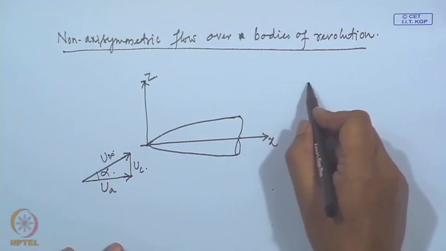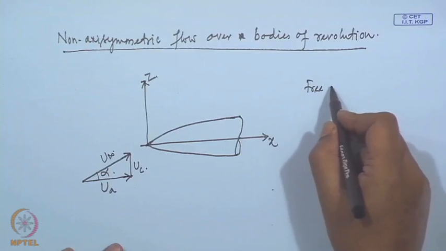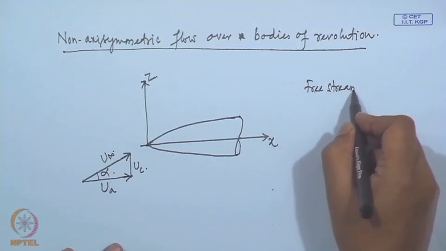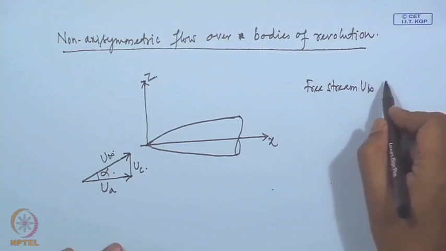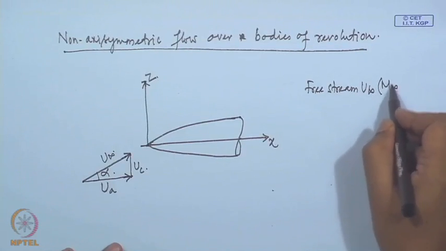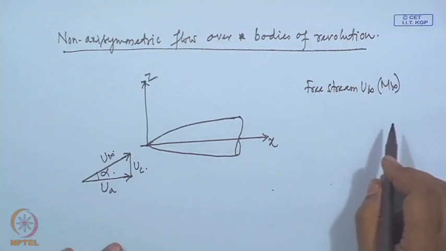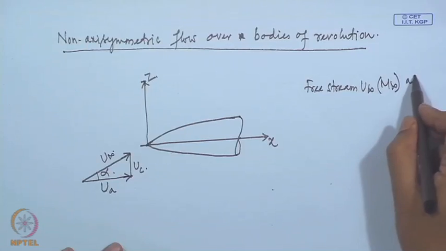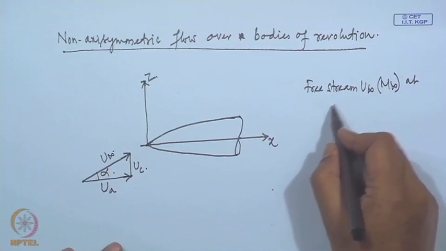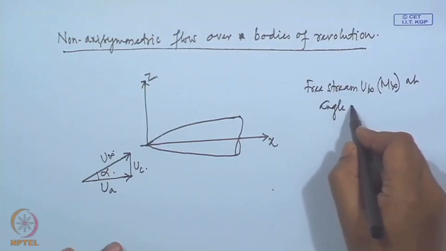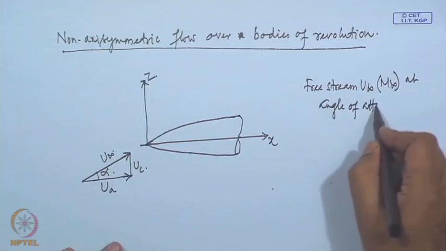So, free stream at an angle alpha, of course, corresponding to Mach number m infinity at angle of attack alpha.